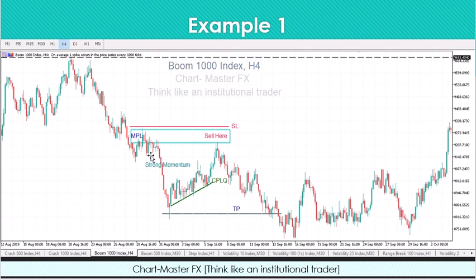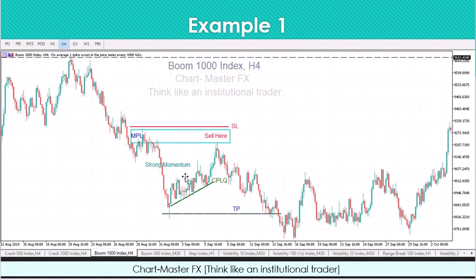So what happens is that you see that there's a significant drop in price going to the downside. As the price dropped going to the downside, it actually went with strong momentum, which suits momentum shift characteristics that we covered on the video on momentum shift.